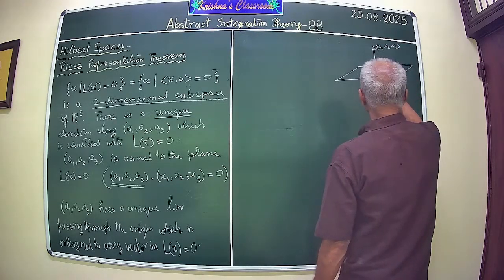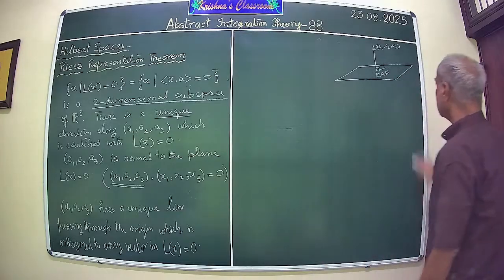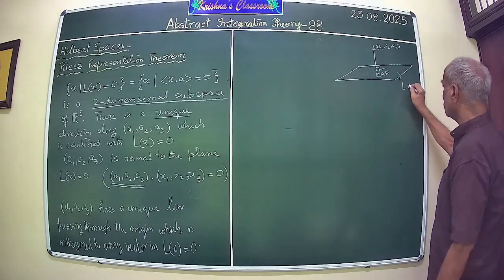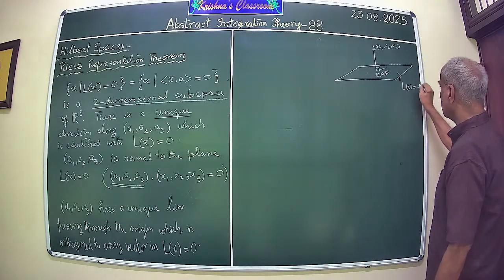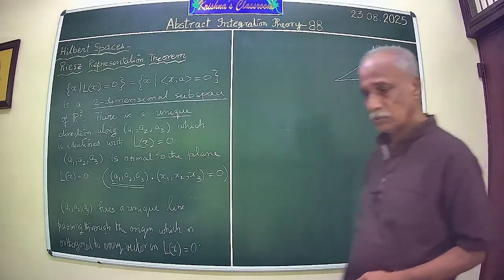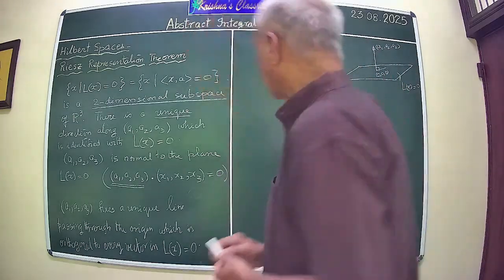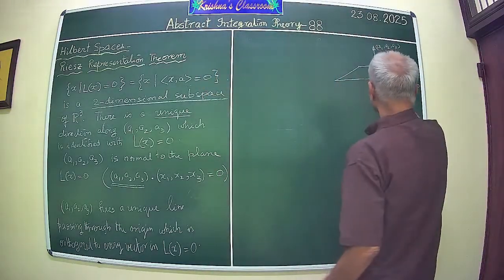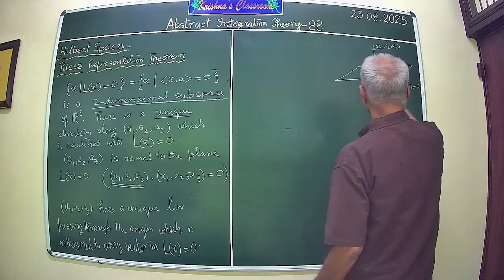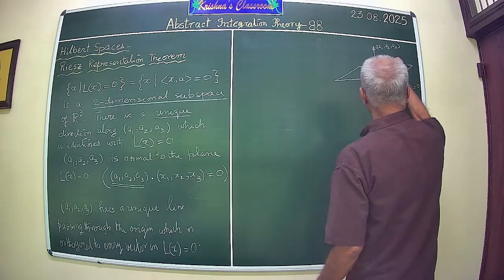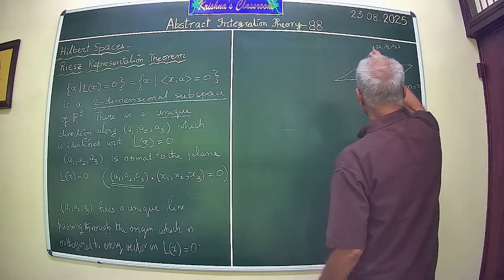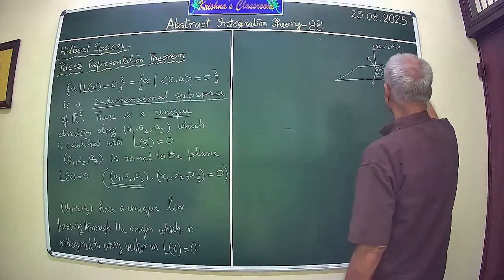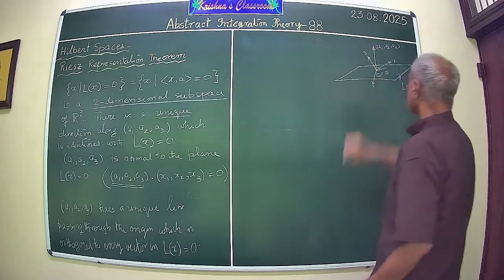This is the orthogonal thing. We can draw the coordinate system like this. One, two. This is the coordinate system.